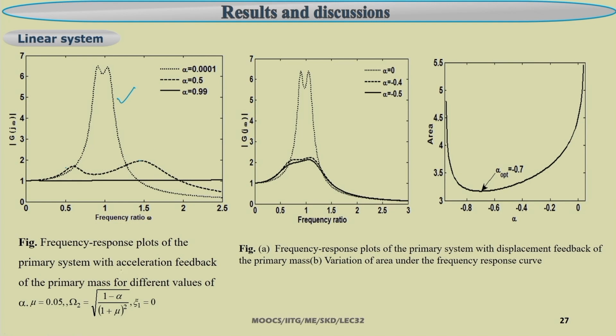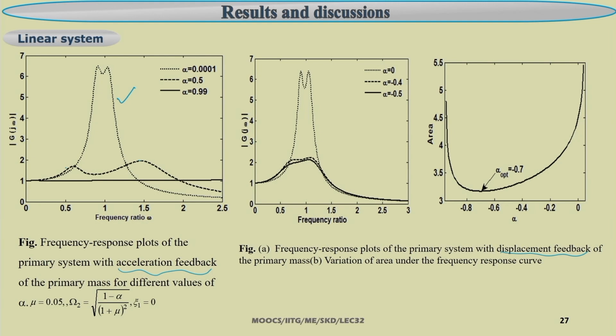So, this part we have seen when we applied this acceleration feedback, and now when you are applying displacement feedback. We had taken V equal to minus k c into x double dot, but now we are taking V equal to minus k c into x 1.